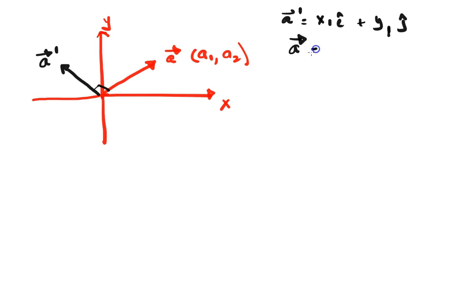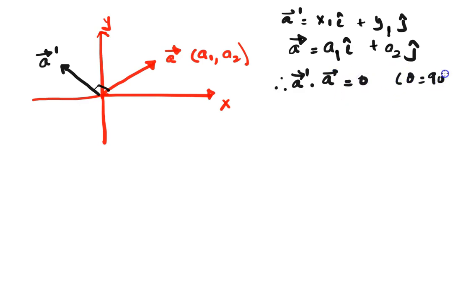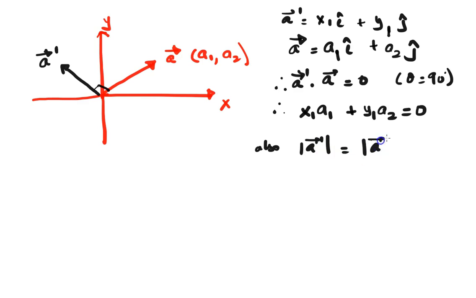We know that a vector is a1 i cap plus a2 j cap. A prime dot a is equal to 0 as theta is 90 degrees, and therefore x1 a1 plus y1 a2 is equal to 0. Also, mod of a prime is equal to mod of a. This implies x1 square plus y1 square is equal to a1 square plus a2 square.